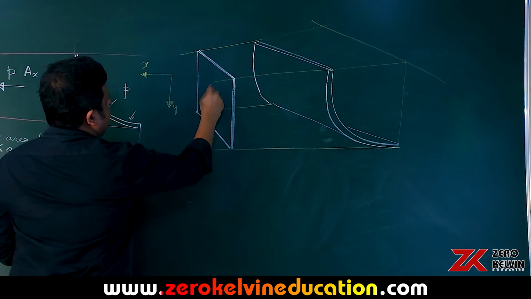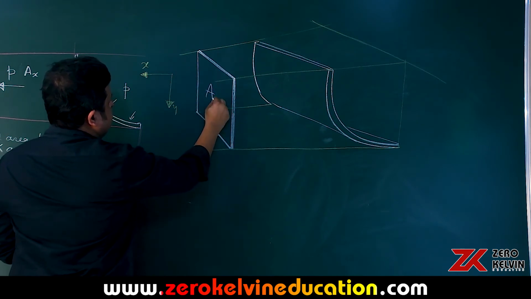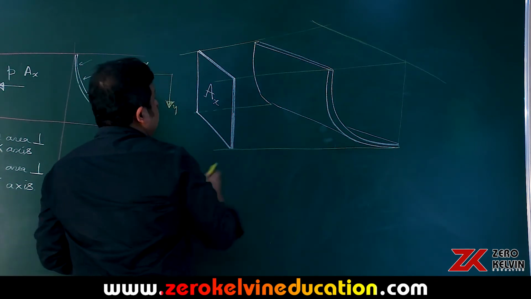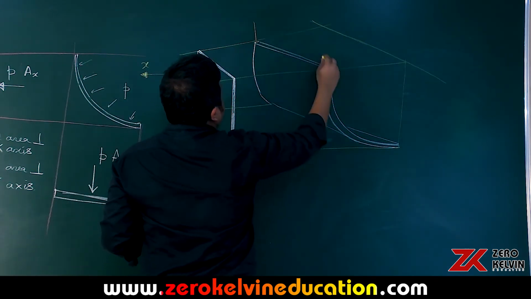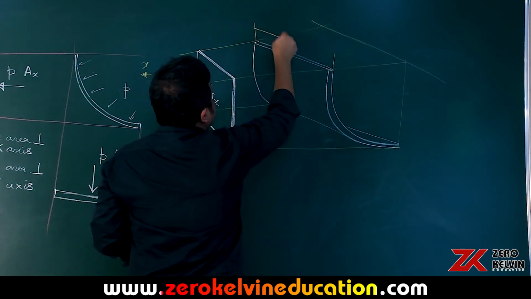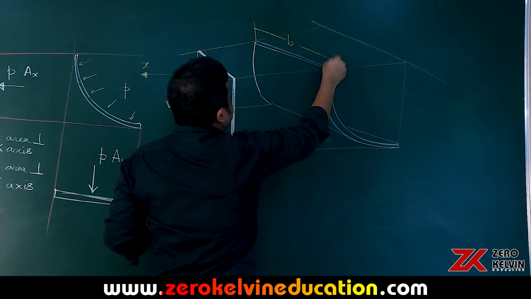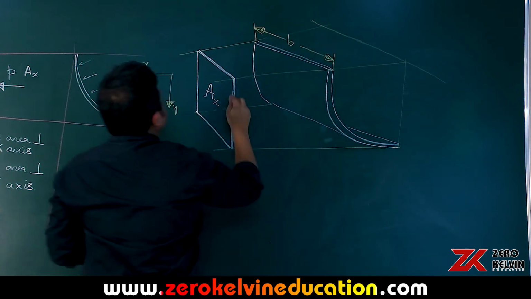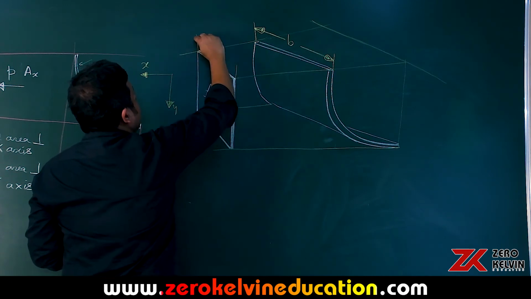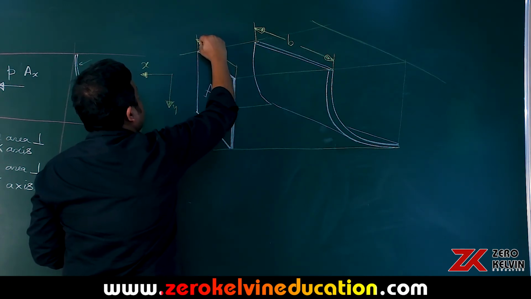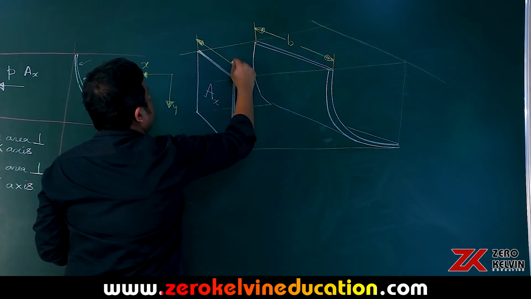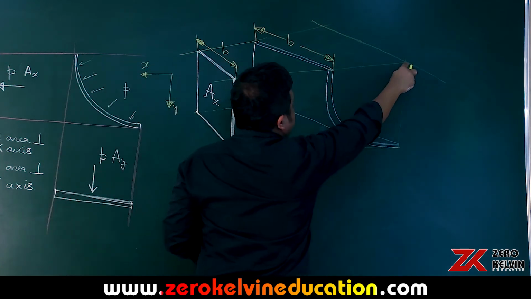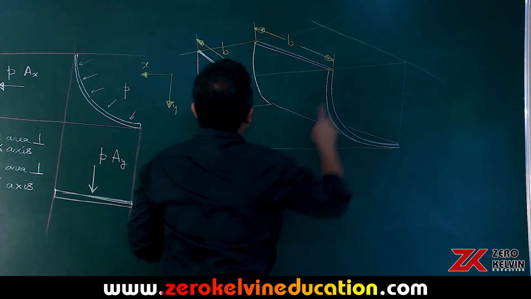So this is the projected area AX. As you know, this part was the width B. So here also this part is the width B. And this part, see, this is the axis of the cylinder, so this is the radius.